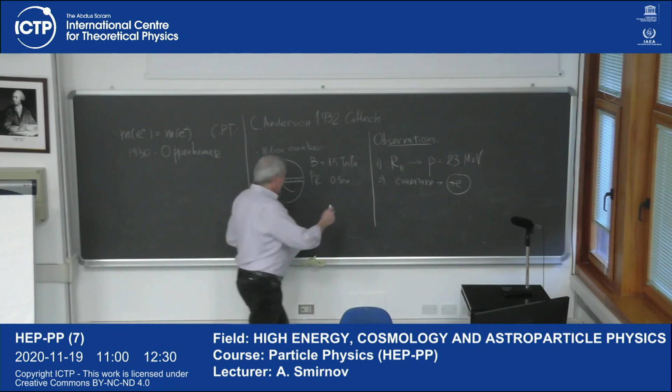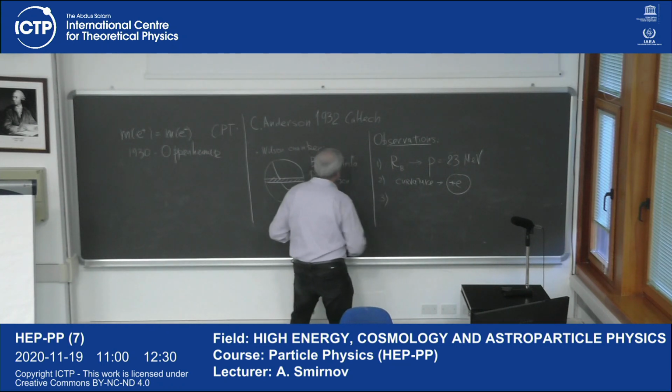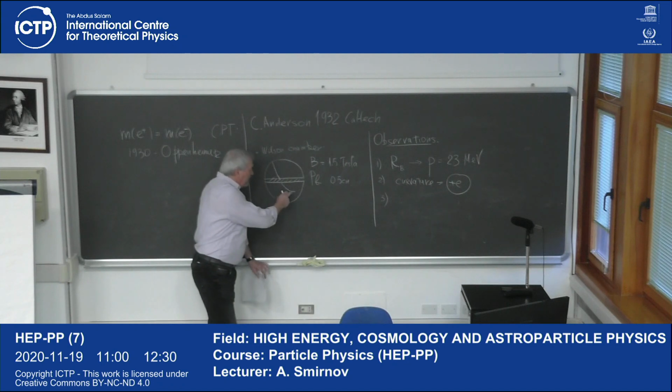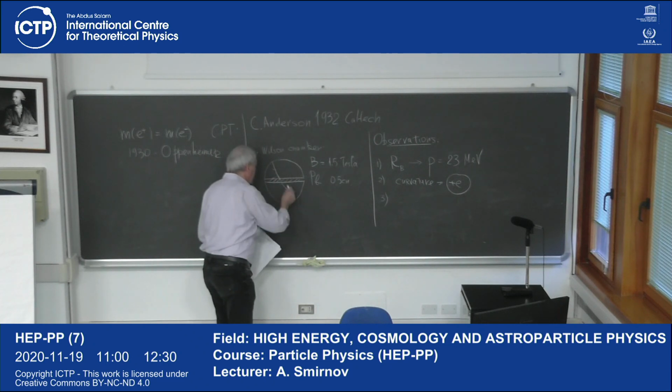The third observation was that the curvature here was bigger than the curvature here, which means that the particle lost energy. Here momentum is smaller, curvature is bigger. This means that the particle lost energy in the plate. It moved in this direction.